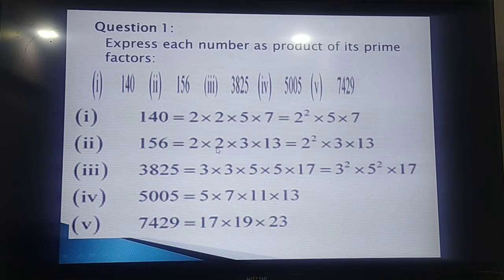156 can be factorized as 2 into 2 into 3 into 13. It means it is 2 square into 3 into 13. Similarly, you can see the prime factorization of this number. 7429 can be factorized as 17 into 19 into 23.